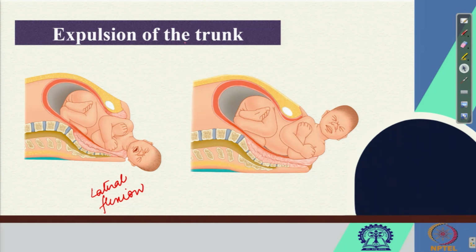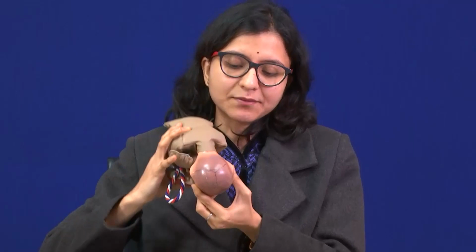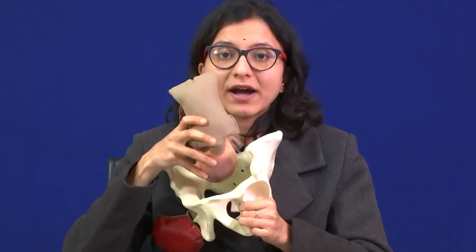So, we have this fetus, and this is a case of longitudinal lie, cephalic presentation, presenting part being the vertex. So, that means attitude is well flexed, right. Presenting part being the vertex and denominator being the occiput, and your position is left occipito-anterior.